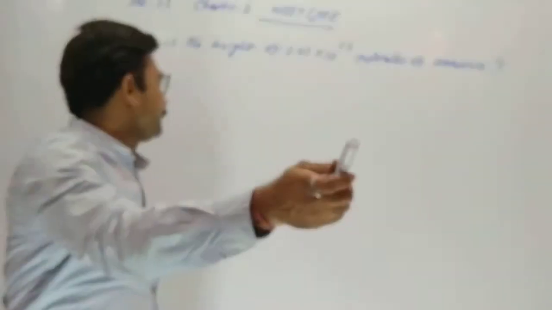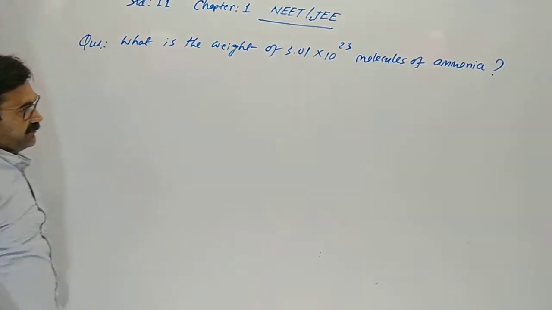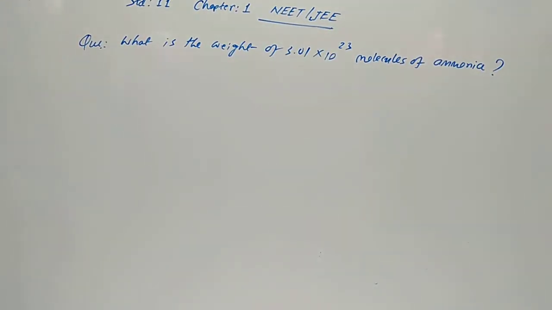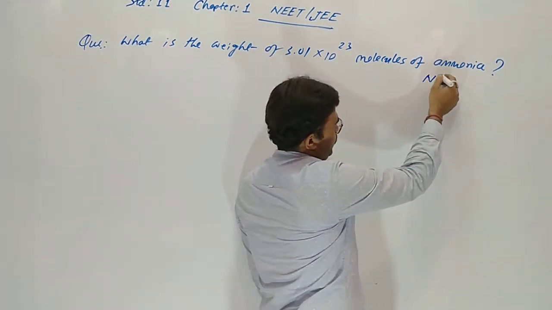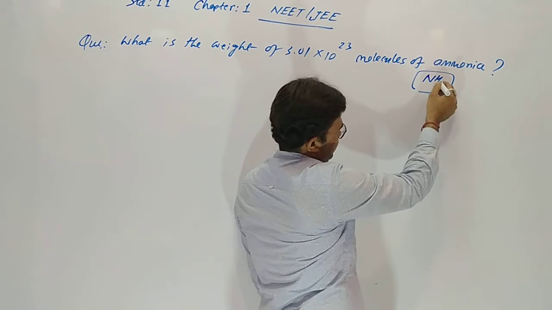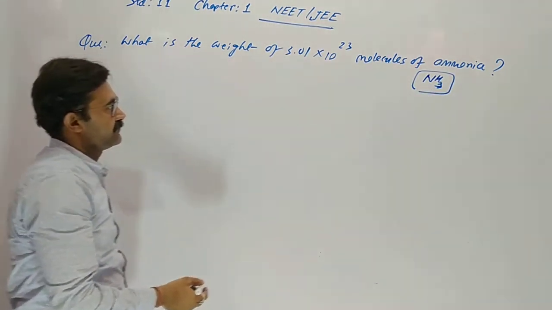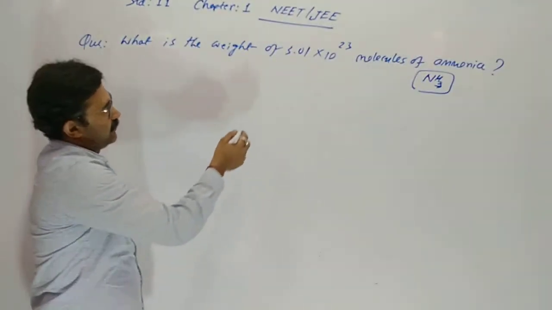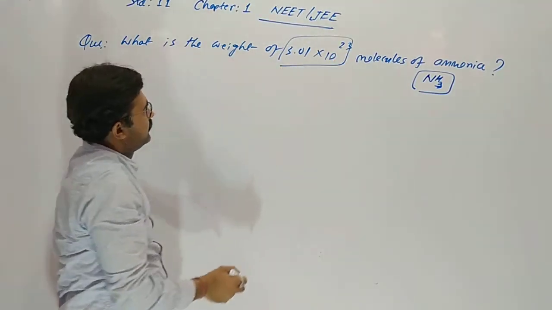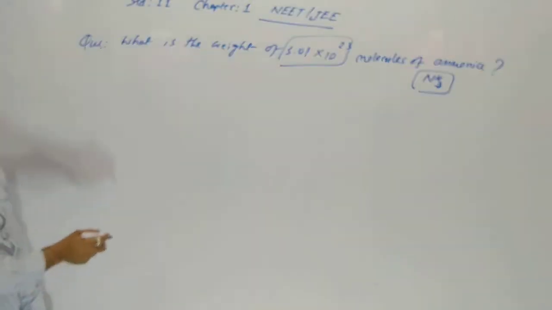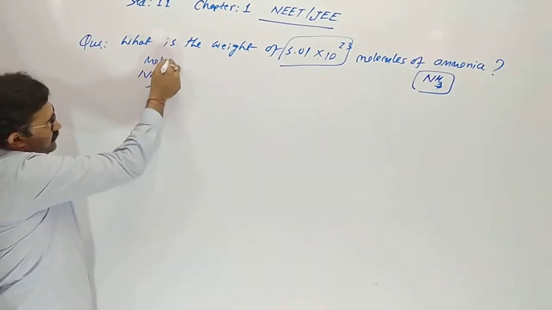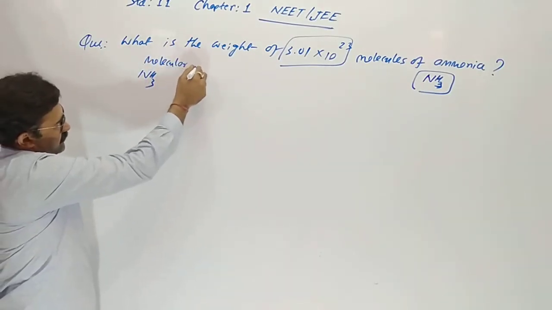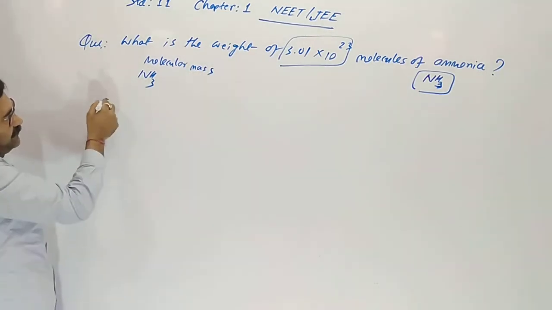Here, new question. What is the weight of 3.01 10 raised to 23 molecules of ammonia? First of all, the formula of ammonia is NH3. So the number of molecules is this much, what will its mass be? First of all, the molecular mass of ammonia.